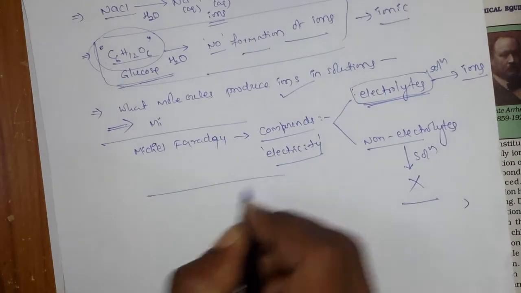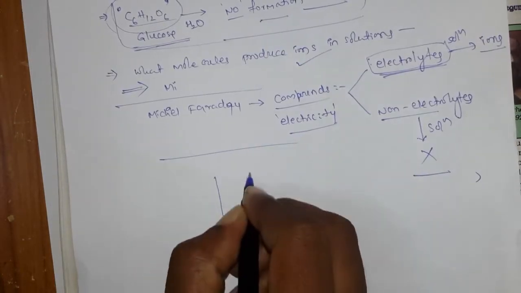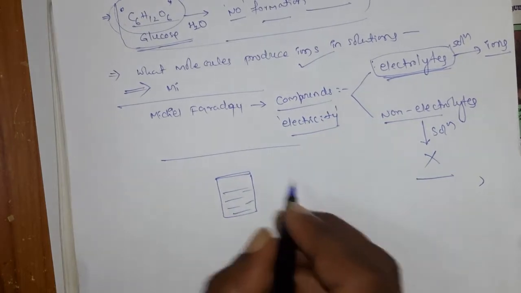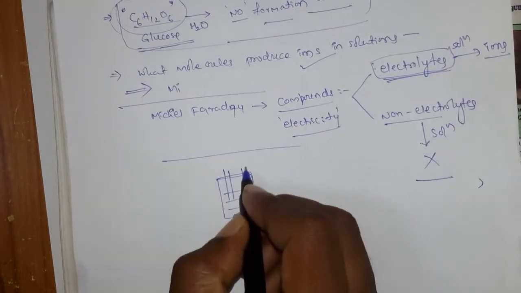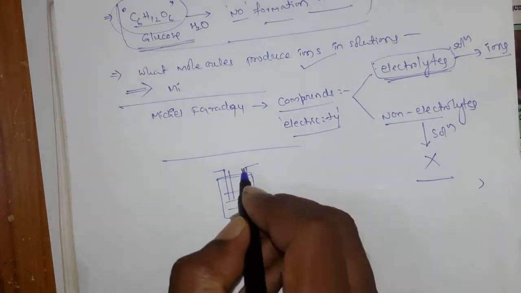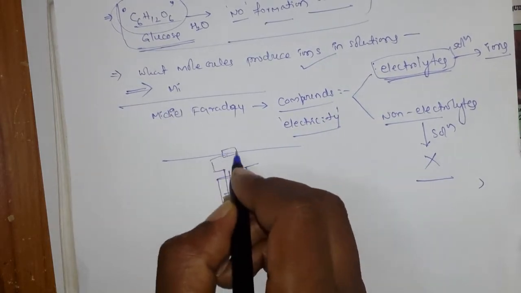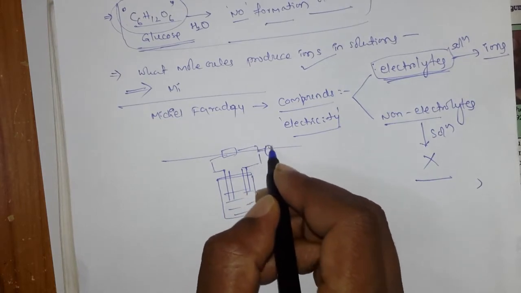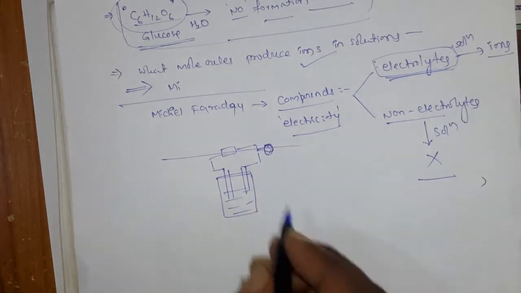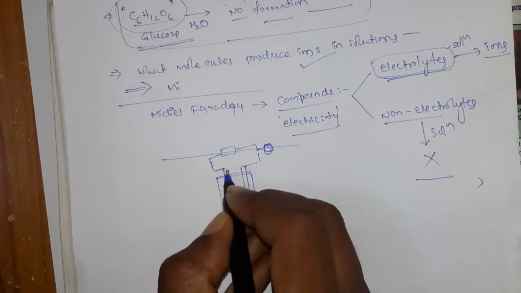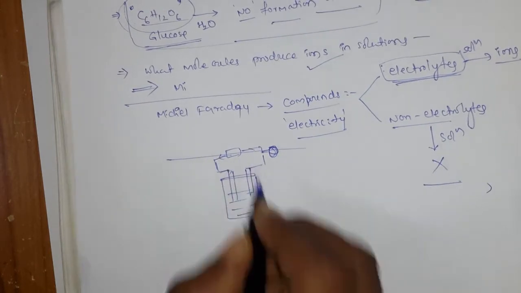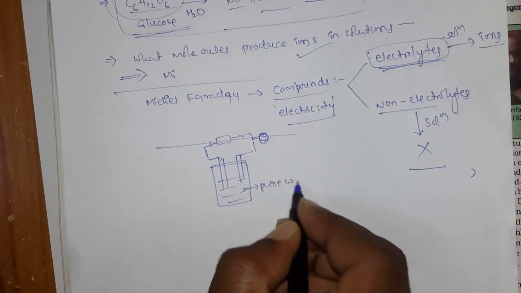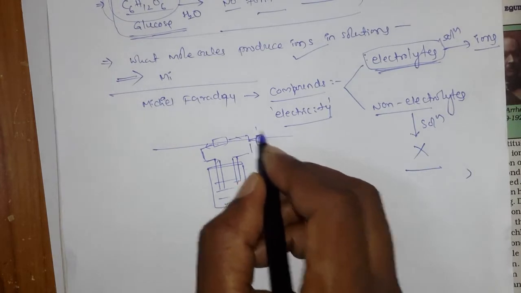Okay, the best example: you take pure water, distilled water, and you take two electrodes. This is there in your 10th class, connected to a battery and with a bulb, right? You connect with a bulb. Okay, and when you pass the electricity, what will happen? If this is pure water, does this bulb glow?